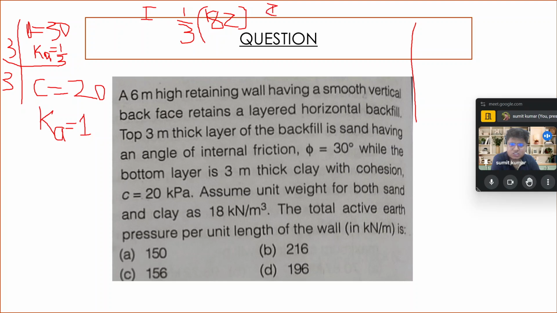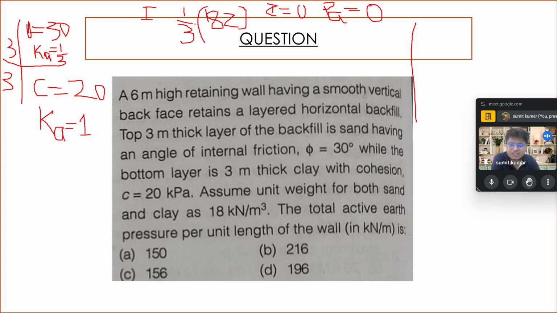For z equal to 0, k gamma z is 6z, so the value is also 0. PA is going to be 0.